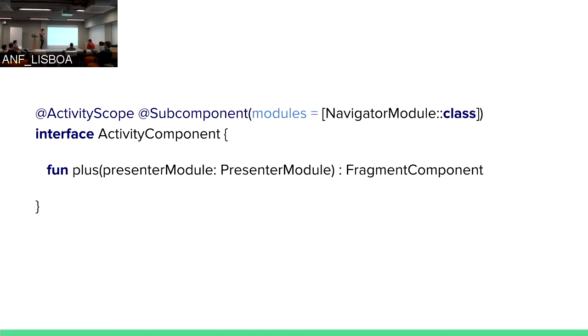So I add my plus method in the activity component. Just to state it again, this fragment component will have access to all the dependencies of the activity component. And since the activity component is a subcomponent of the application component, it will also have access to all the objects in the application component.